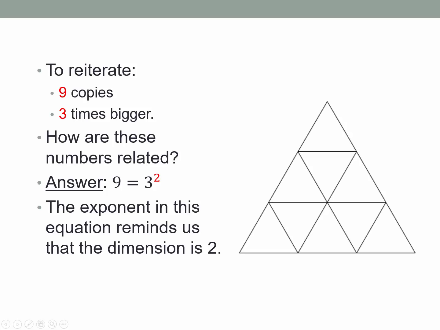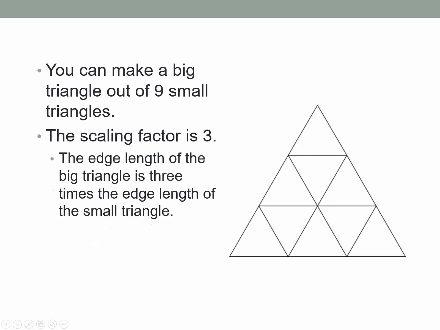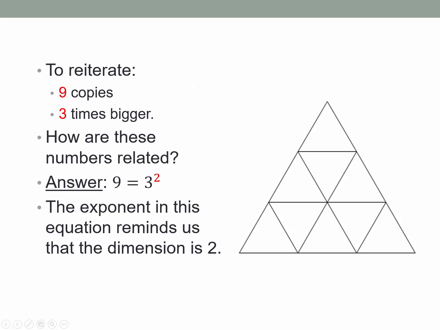However, we could think about turning this around. Suppose we weren't really thinking about dimension to begin with. Let me go back to this picture. And we just knew that to make something 3 times bigger, we had to use 9 copies. Well, then we could infer that we were working with something 2-dimensional. You see?